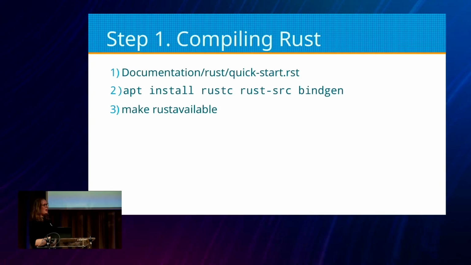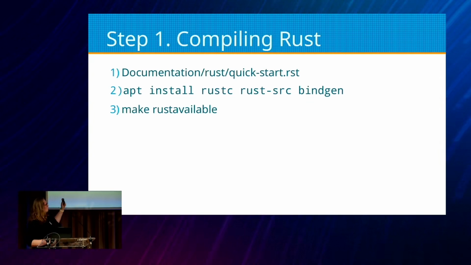Okay, so now we're actually getting to the title of the talk. If you're going to do anything with Rust, step 1 is you need to compile the code. And a really good place if you're doing something in the kernel is there's this quick start document, so it has a bunch of commands for a bunch of different distros for how you can install Rust. In my case, it's this one. You need the Rust compiler, standard library source code, bindgen, which is this tool I mentioned previously.